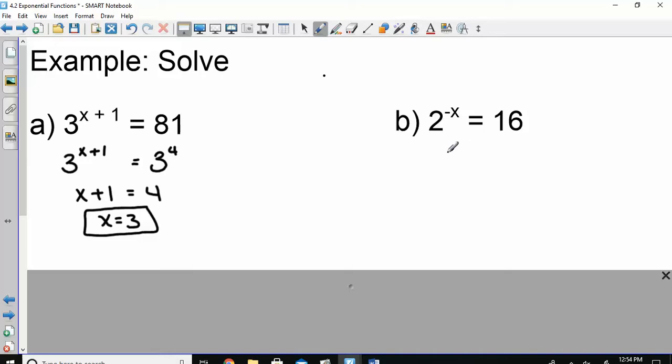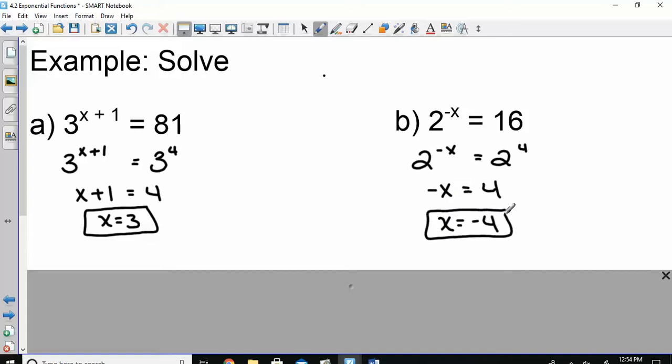So what would we do? 16 is the same as 2 to the 4th power. So then you can drop the base, set your exponents equal. Negative x equals 4, divide by -1, and x is -4.